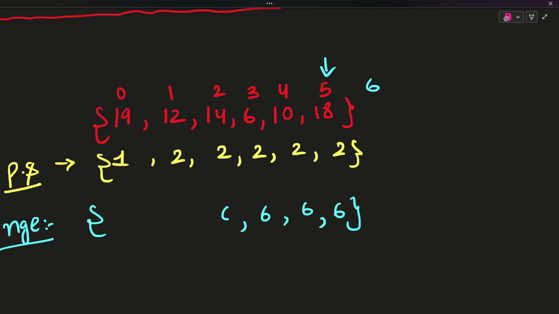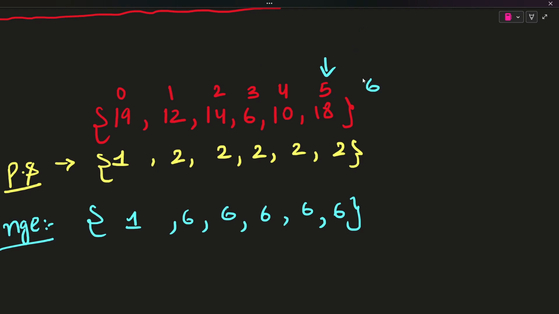So we are gonna write 6 again and 6 again. And here what we are gonna write? We are gonna write 1. Why? Because at 1th index we have a greater primary score. Okay, so I think we're getting it a bit.